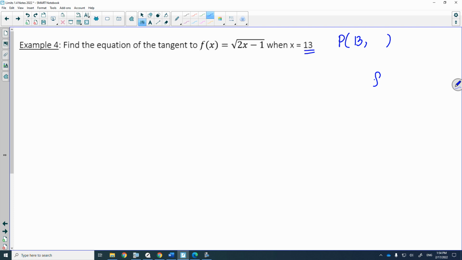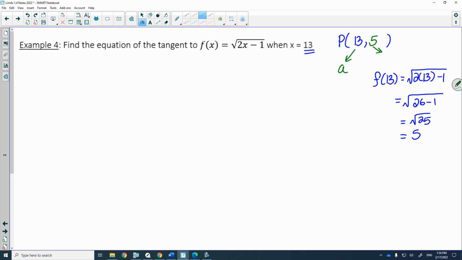So into the function, if I input 13, it's going to be the square root of 2 times 13 minus 1. That would be 26 minus 1. Square root of 25, which is 5. So the point on the curve that we're finding the tangent of is going to be at (13, 5). Again, that is your a, and this is your f(a).